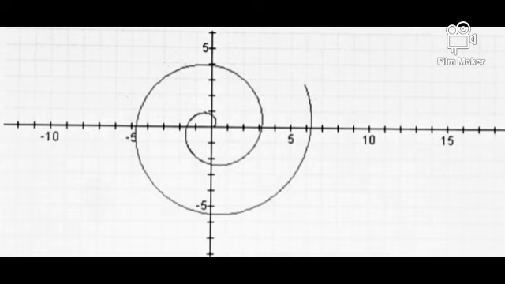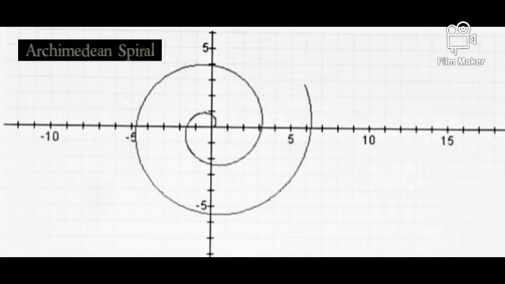For today, we will take up the graphs of polar coordinates. And we start with this graph known as the Archimedean spiral.